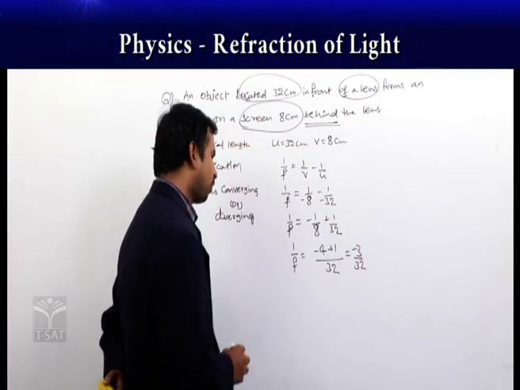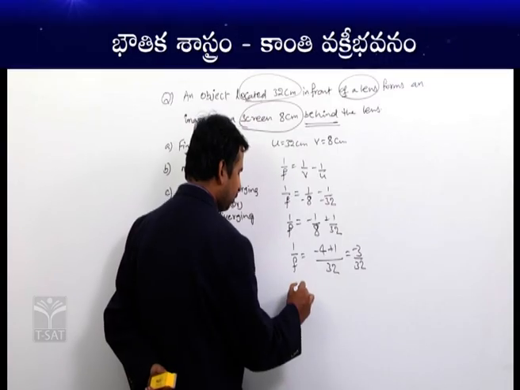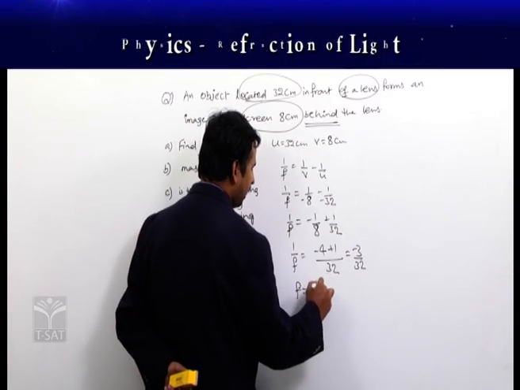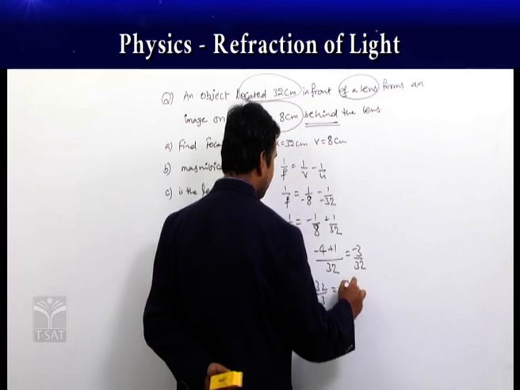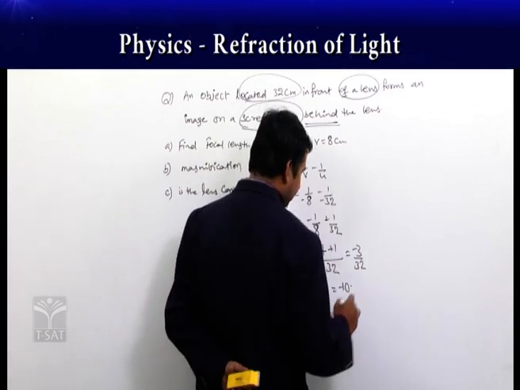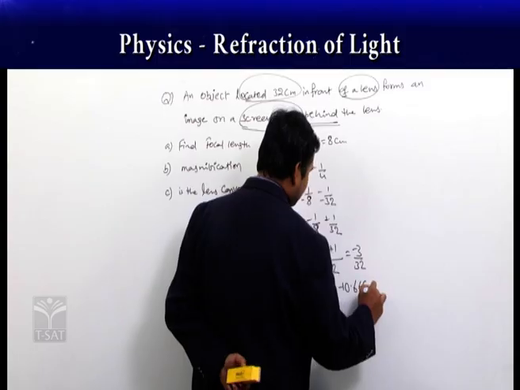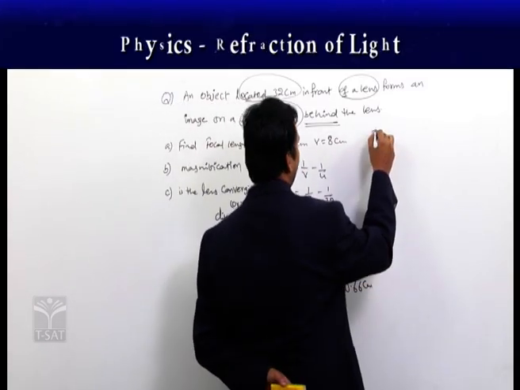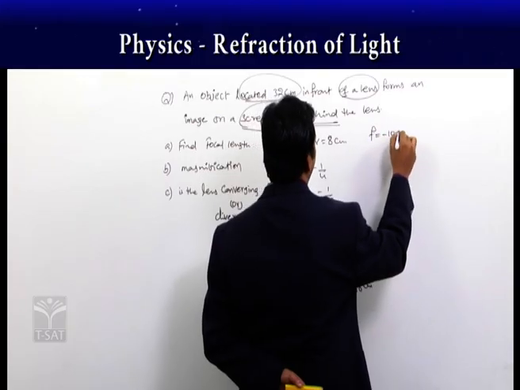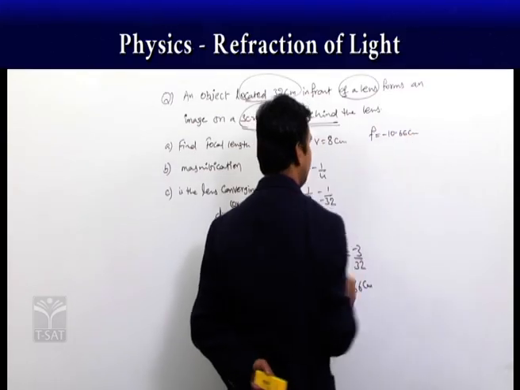From this we can write the focal length f is equal to minus 32 by 3, which is equal to minus 10.66 centimeters. So we got the focal length value f as minus 10.66 centimeters.